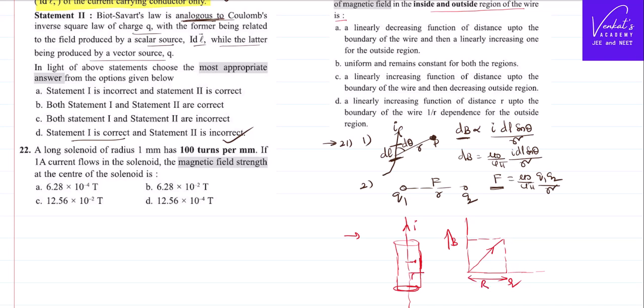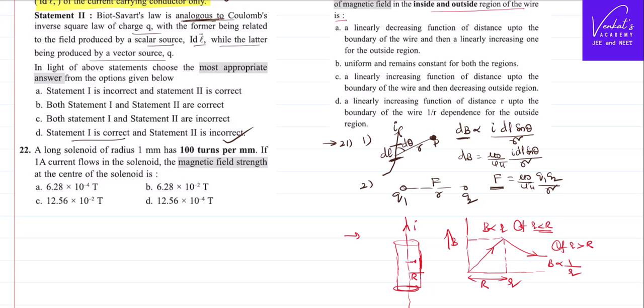You go beyond that, it will start decreasing, the graph will go like this. Beyond that, B is inversely proportional to r. If r is greater than the radius, B is inversely proportional to r; if r is less than the radius, B is directly proportional to r.